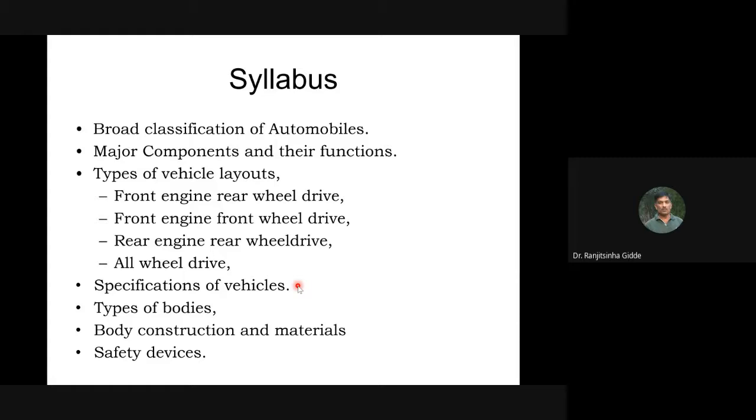So that much engine is able to deliver that much power. Then types of bodies: bus body, tanker, jeep, van, ambulance, then body construction and material, and finally the safety devices. Okay.